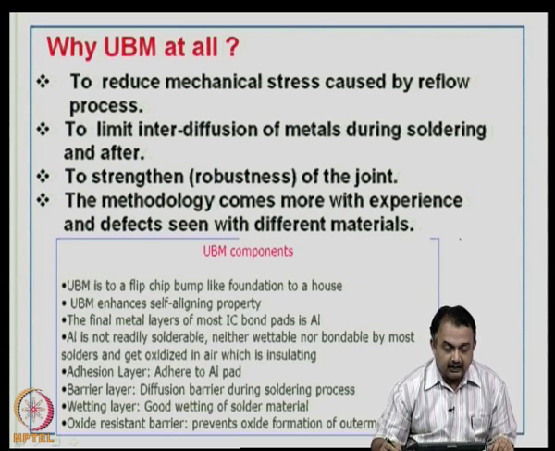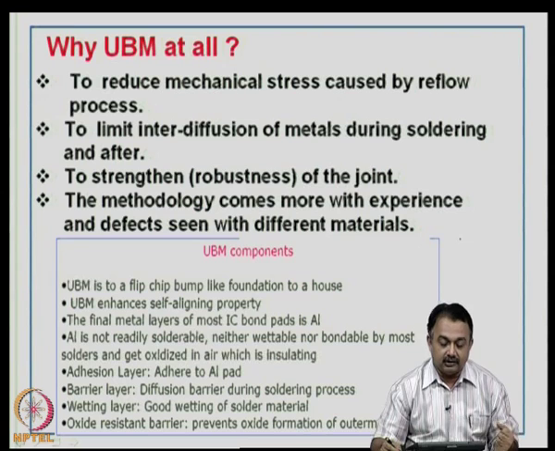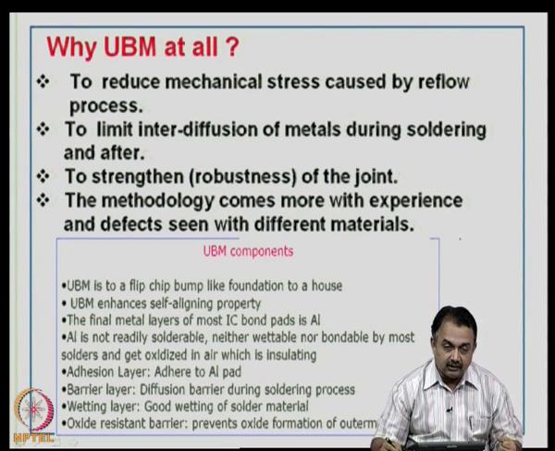For a flip chip, UBM is like a foundation to a house. UBM enhances the self aligning property. This is one of the reasons why you are able to pull the die back to its original position during reflow, because the UBM takes care of the attachment of the solder and the surface tension property.